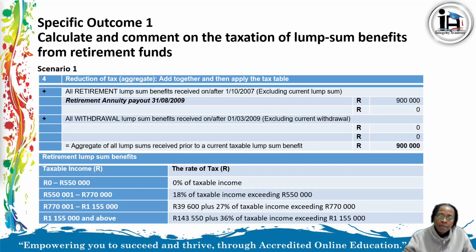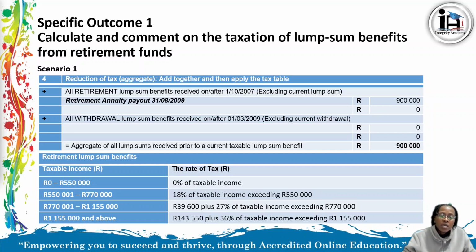We add all retirement lump sum benefits received on or after 1st of October 2007, the retirement annuity payout on 31st of August 2015 of 900,000. And then we add all withdrawal lump sum benefits received on or after 1st of March 2009, excluding current withdrawals, which we don't have any amount.